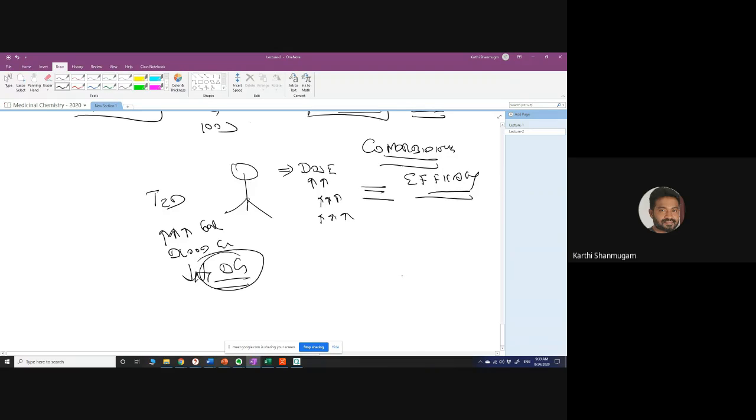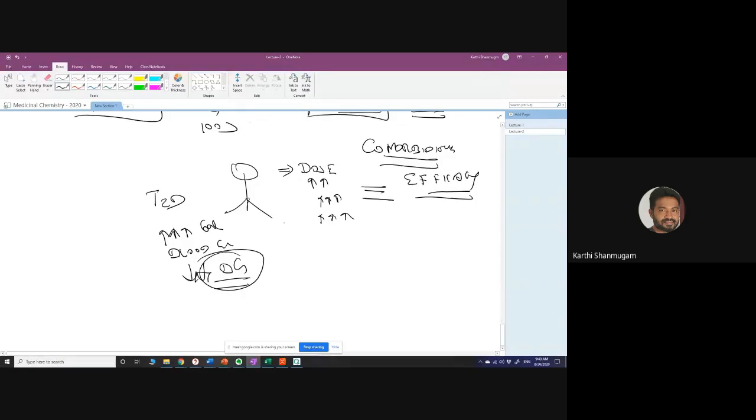And the main reason for the failure of the drug molecule at phase 2 clinical trial is lack of efficacy. What I mean here is, the molecules which are promising in animals most of the time may not be promising in humans.